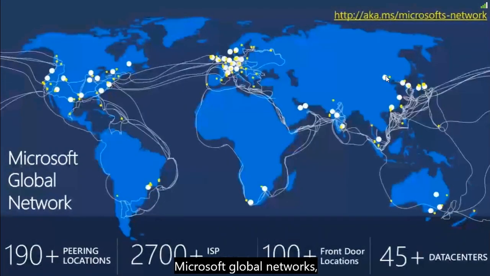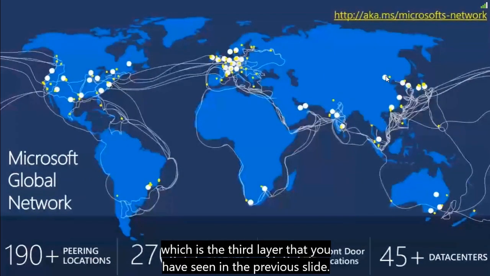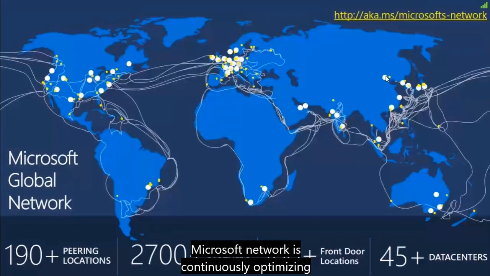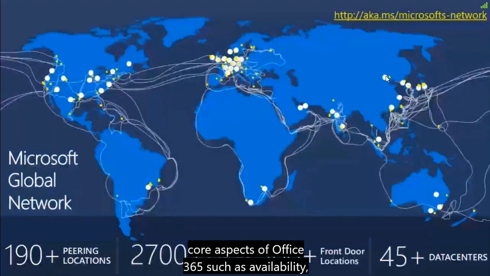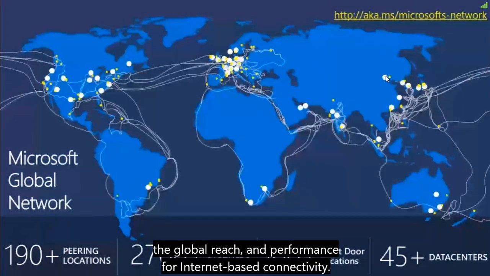Microsoft Global Network, which is the third layer that you have seen in the previous slide. Microsoft Network is continuously optimizing core aspects of Office 365, such as availability, global reach, and performance for internet-based connectivity.